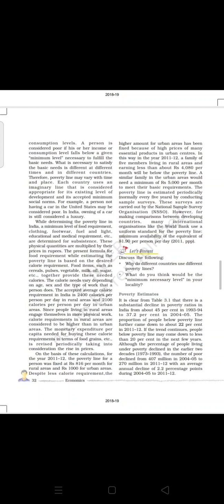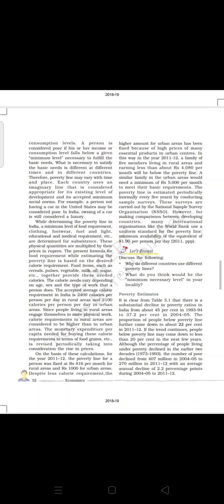In this way, in the year 2011-12, a family of 5 members living in rural areas and earning less than about rupees 4080 per month will be below the poverty line. A similar family in the urban areas would need a minimum of rupees 5,000 per month to meet their basic requirements. The poverty line is estimated periodically by conducting sample surveys.